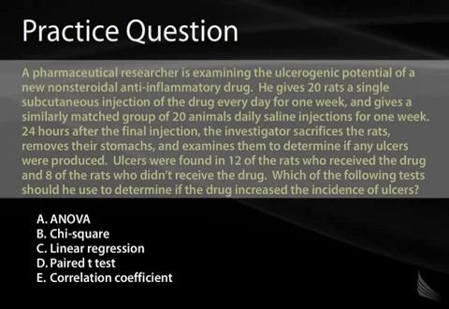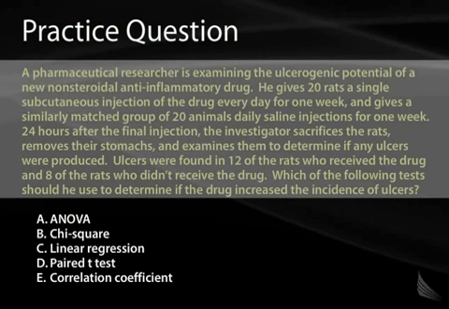Ulcers were found in 12 of the rats who received the drug and 8 of the rats who didn't receive the drug. Which of the following tests should he use to determine if the drug increases the incidence of ulcers? ANOVA, chi-square, linear regression, t-test, or correlation coefficient.